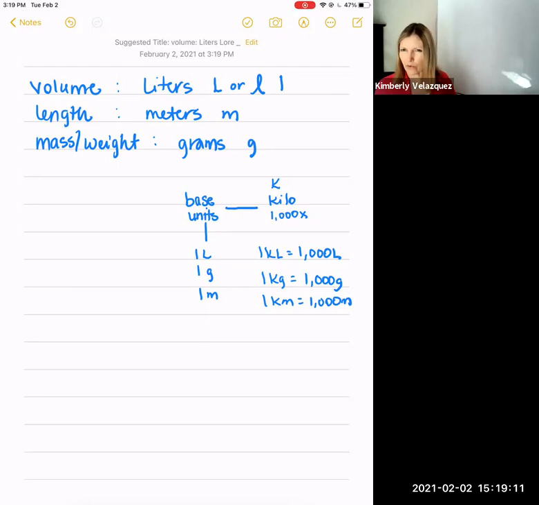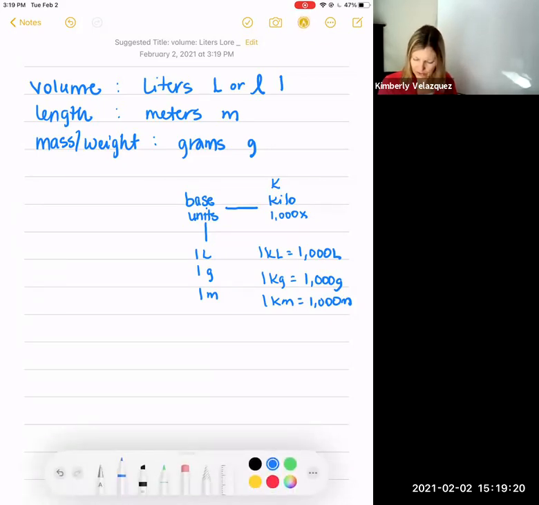There are obviously more. If you look at the lab exercise, there's a whole complete chart of all of those metric prefixes. For getting smaller than the base units, we're going to use different prefixes. So getting smaller, and then we're going to get smaller and then smaller again. The first one is going to be centi, abbreviated with the letter C. And centi is 1/100th of the base units.